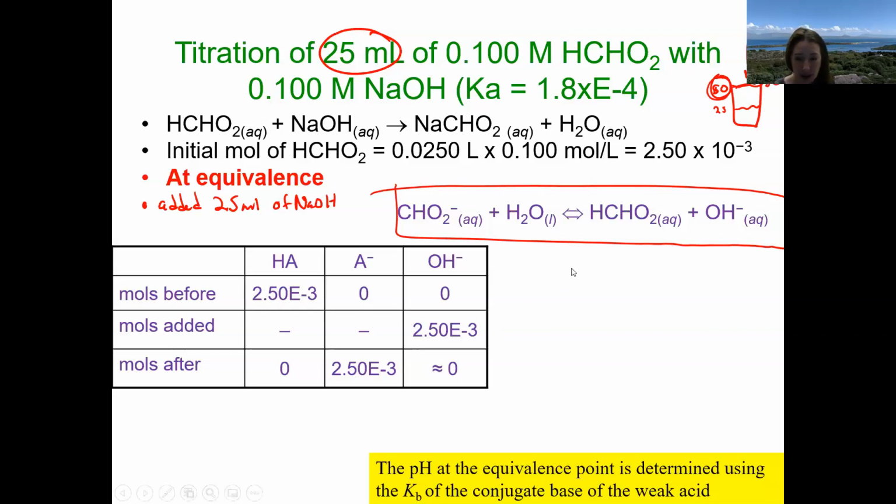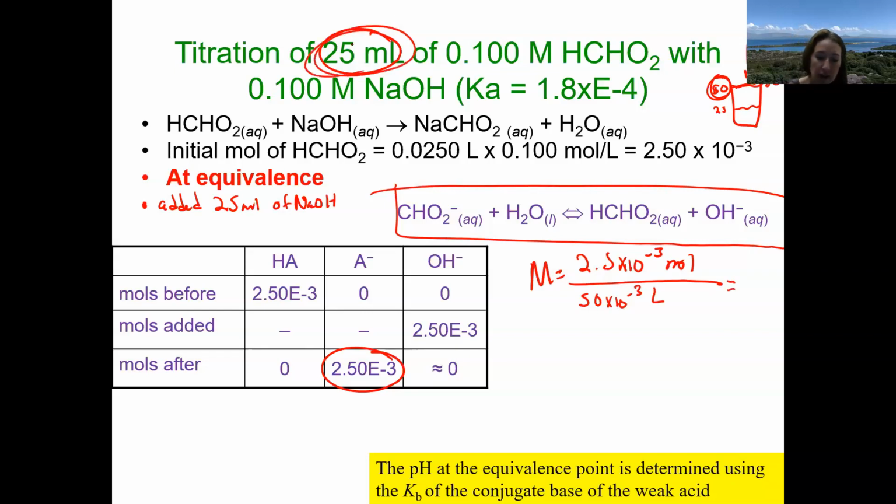So when we do our molarity of this, molarity is moles over liter, it's 2.5 times 10 to the negative 3 moles over whatever 50 milliliters is in liters. I just do 10 to the 3, it makes my life easier. Fewer mistakes if I can just put it straight in my calculator. That's going to be our molarity, not the 25.